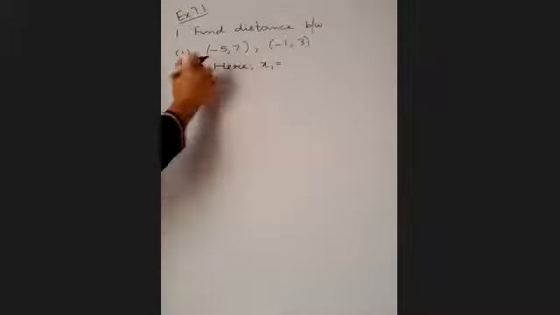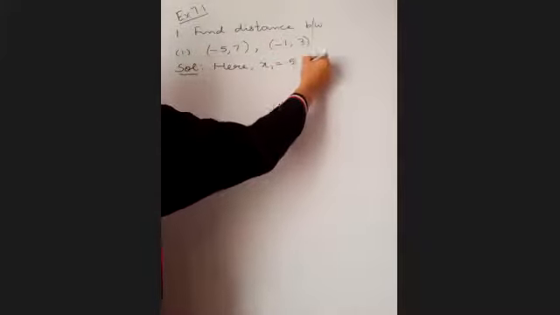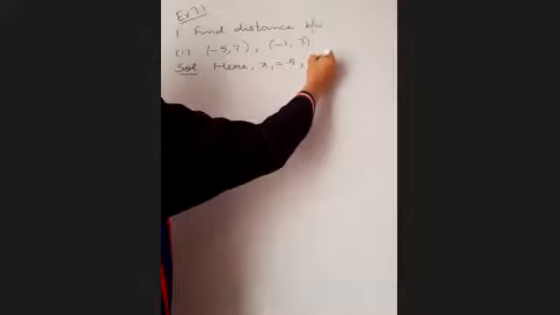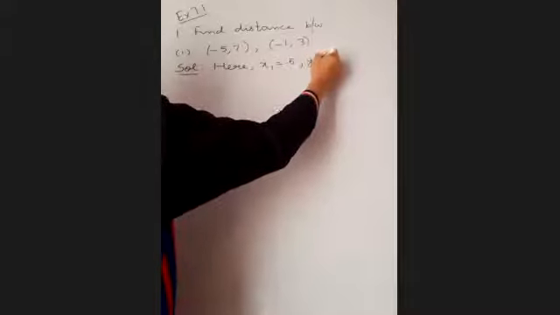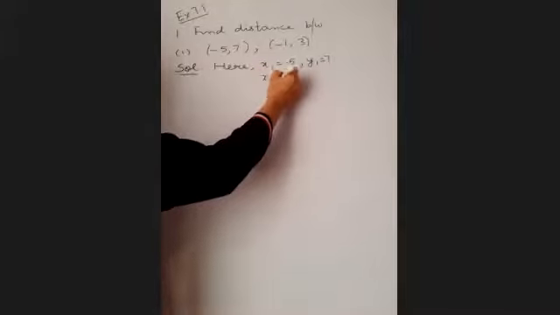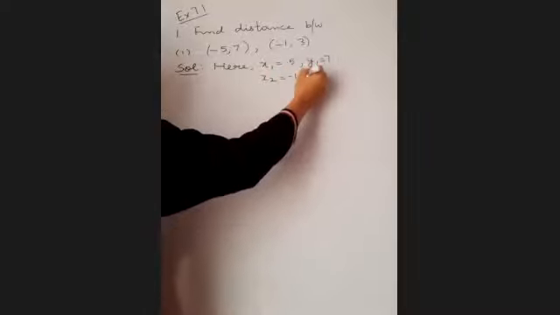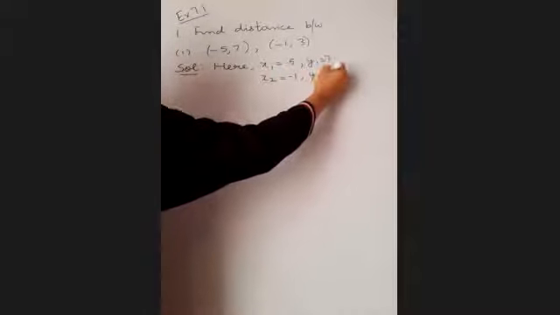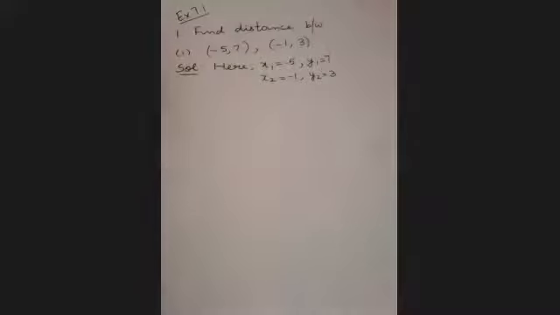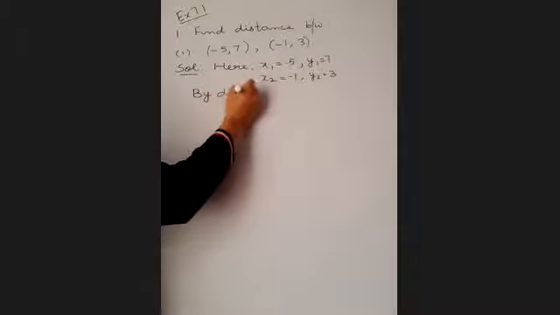So you just write the coordinates very carefully. y1 is 7. What is x2, children? Minus 1. And what is y2? 3. All right. You have written the coordinates. Just write by distance formula.